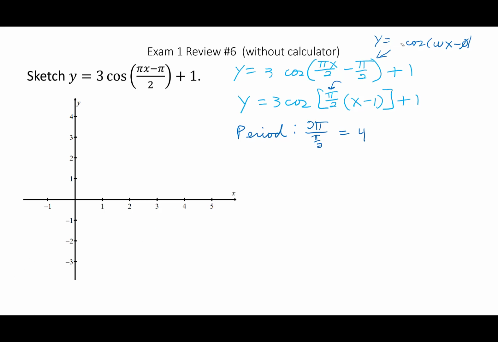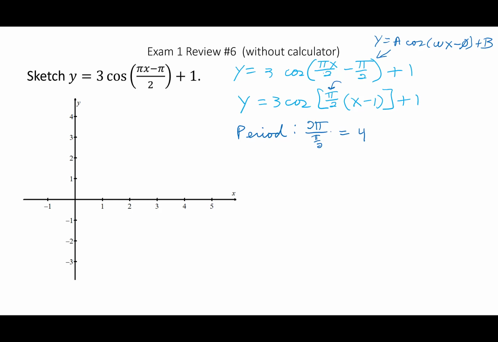And I'm trying to write variables there rather than the actual value. So I'm thinking of this as y equals a times the cosine of omega x minus phi plus b. Okay, so we found the period is 4. And omega here was pi halves. We get the period from that pi halves.